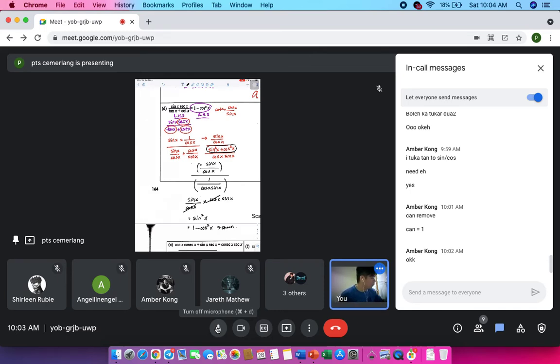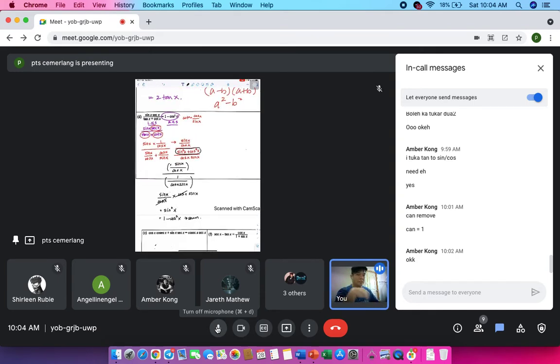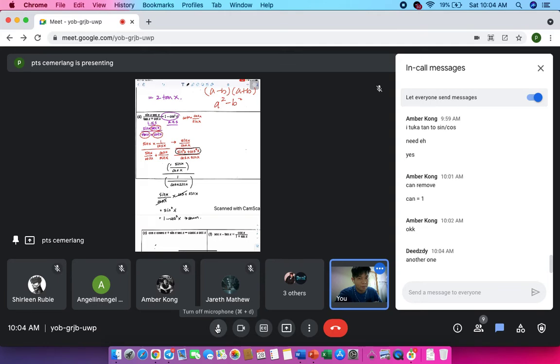There's another way of doing it. Alright, so let's say if you don't want to use this way, there's another way of doing it. Maybe Cristiano used another way. Cristiano, what method do you use? Is it the same thing, or do you use another one? Another one. Okay. What's your idea?